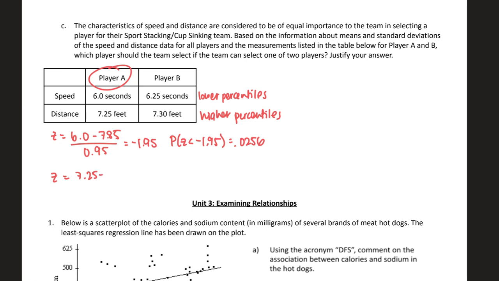So it's going to be 7.25 minus 6.45 divided by 0.98. That gives me a z-score of 0.82. And then to find the percentile, we look for it on our z-score table and we get 0.7939. So this is about the third percentile. And this is the 79th percentile.